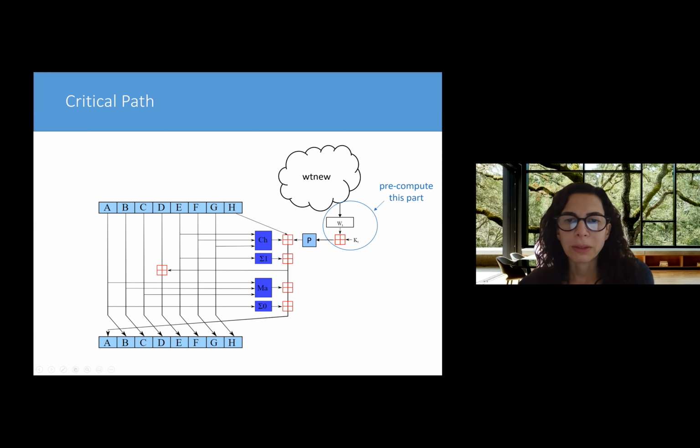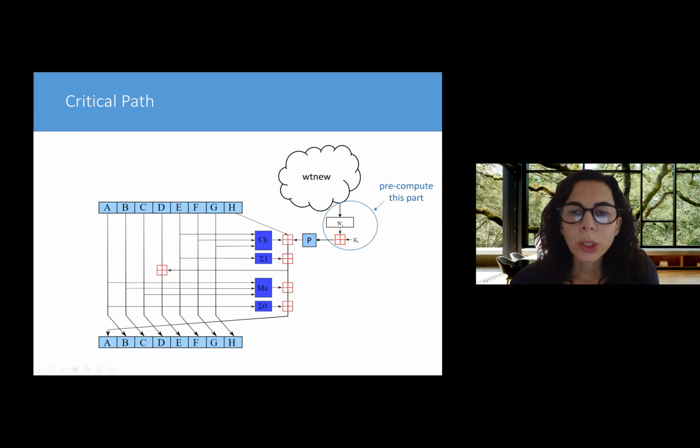So if you think about the critical path, it has to be through this route, right? From this computation, coming down here, coming here, all the way here. And that's the longest path we could have.